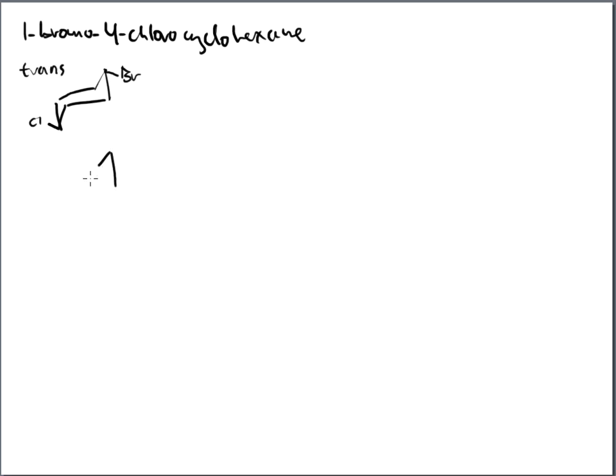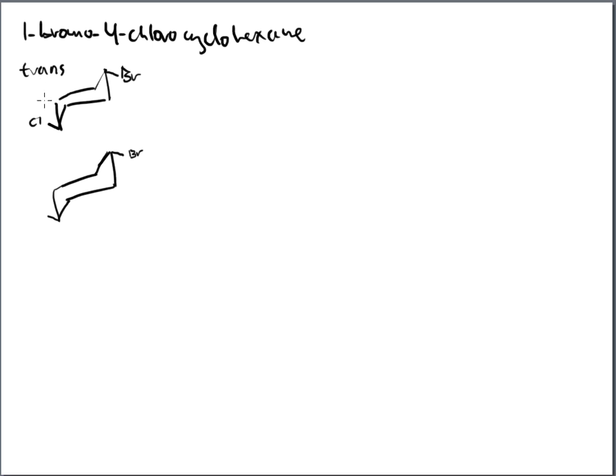I could also do a cis form. That's okay for me to do. Let's do it. If this bromo stays where it's at, remember, for cis and trans you target 1 and that's it. This is pointed slightly down, slightly up, slightly down, slightly up. We already know that if this points down and that points up, that's the trans.